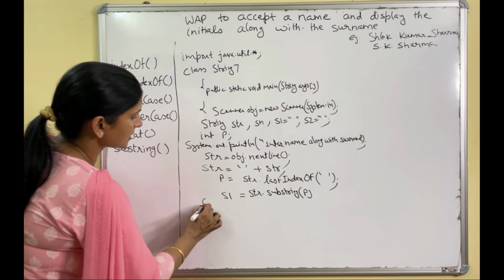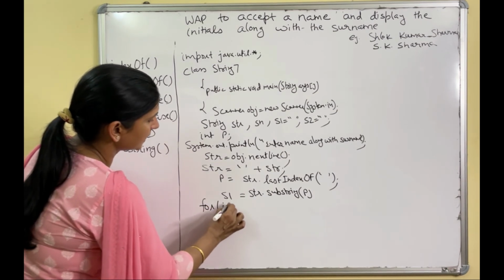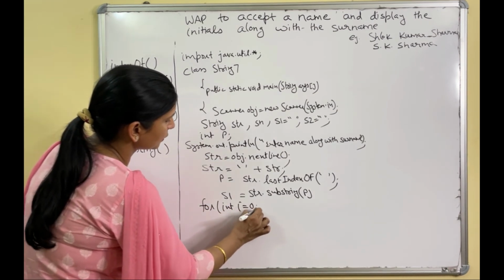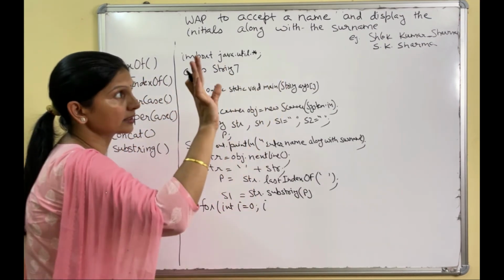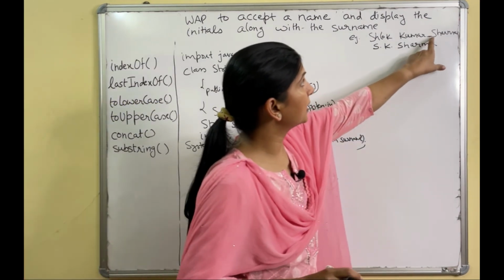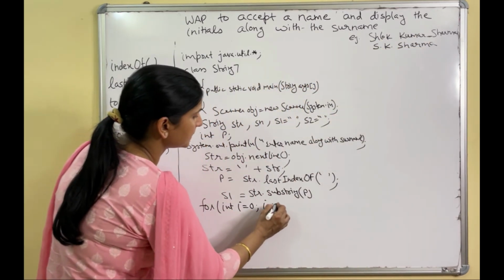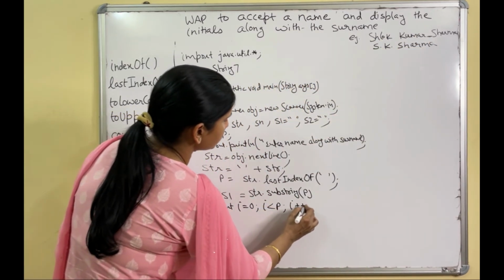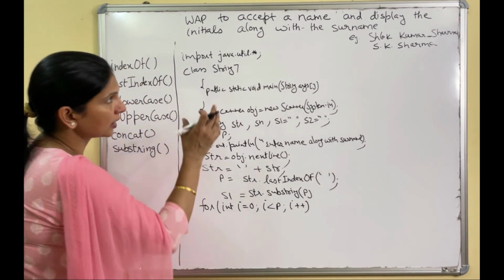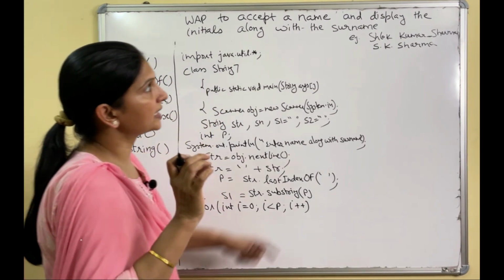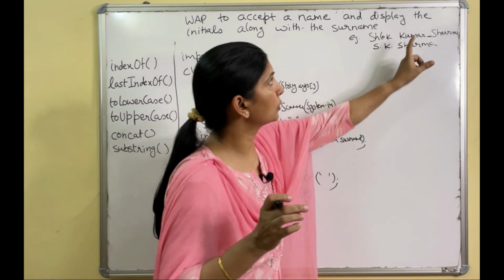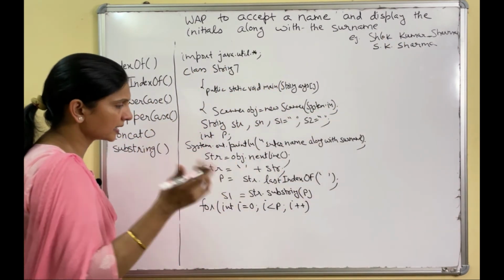So I will use for int i equals to 0. कहाँ तक चलना चाहिए? L लेंथ निकालने का जरूरत नहीं है. P we have already, इतना ही चाहिए हमें. तो 0 से P, i less than P, i plus plus. ठीक. Now we need to check each and every character from Shlok Kumar, and if space is there, then we will apply the logic.